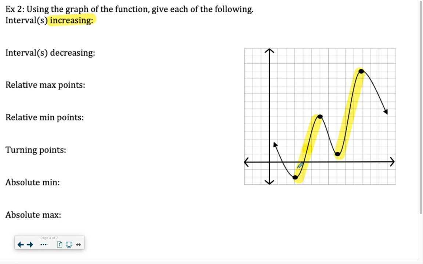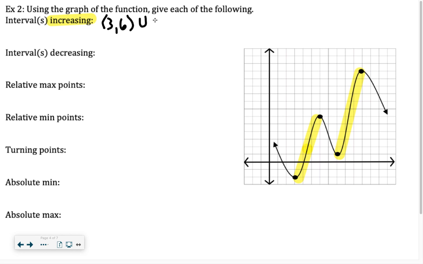Okay, so remember, we're only talking about the x values when we're talking about these intervals. So that's going to go from an x value of 3 up to an x value of 6. So my first increasing interval is the interval from 3 to 6, and it is an open interval. Remember, we're always using open intervals because at these points right here, the function is neither increasing nor decreasing.